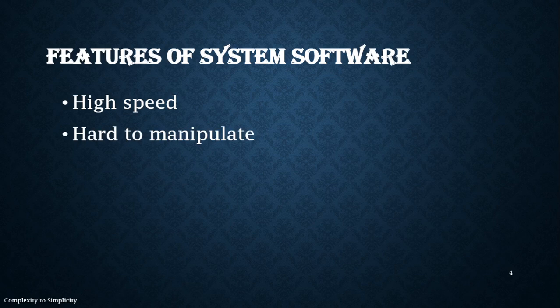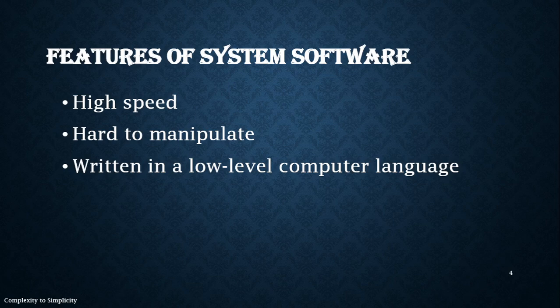Next in this category is hard to manipulate. It often requires the use of a programming language, which is more difficult to use than a more intuitive user interface. So system software uses a programming language that makes it hard to manipulate.